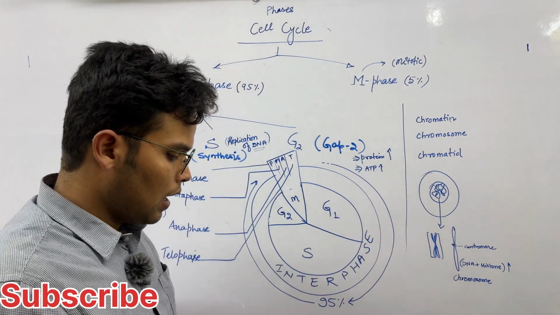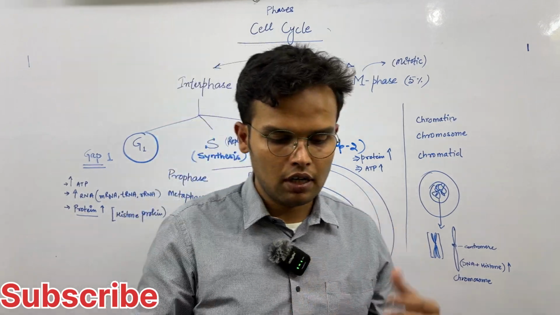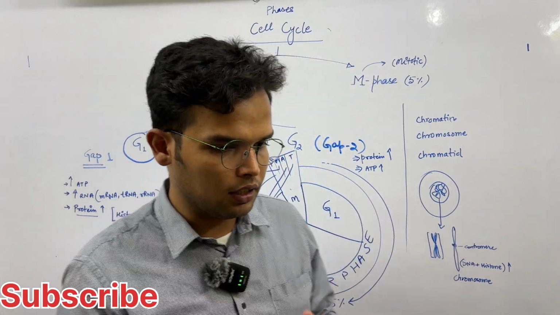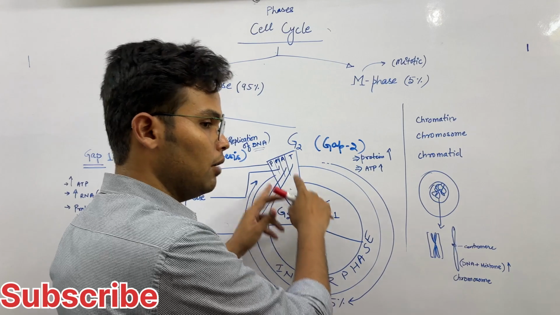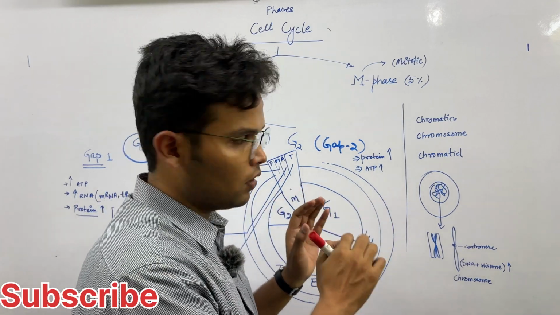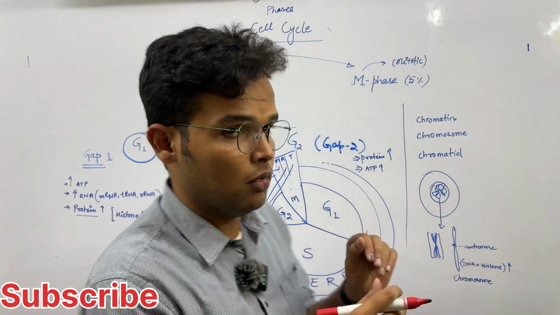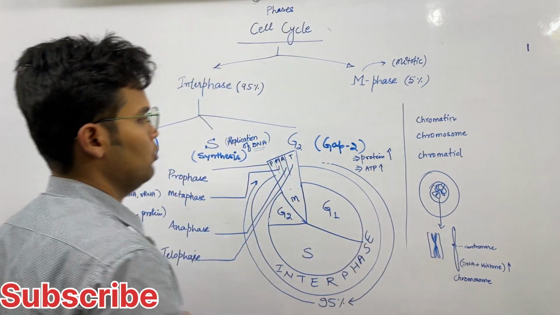How? If I draw the structure of how cell division occurs during the M phase of the cell cycle, then you will get a clear picture of why a larger amount of ATP is required in gap 1 and gap 2 phase.